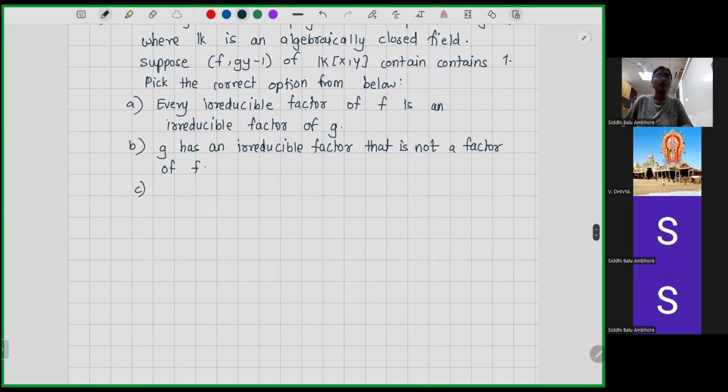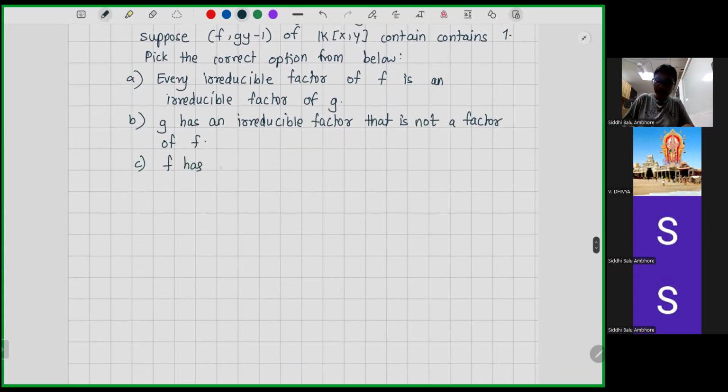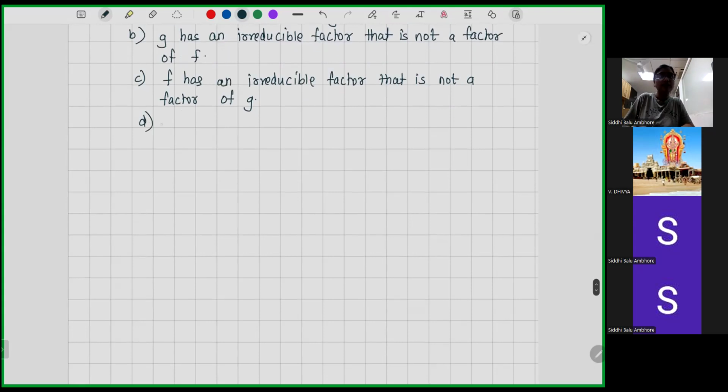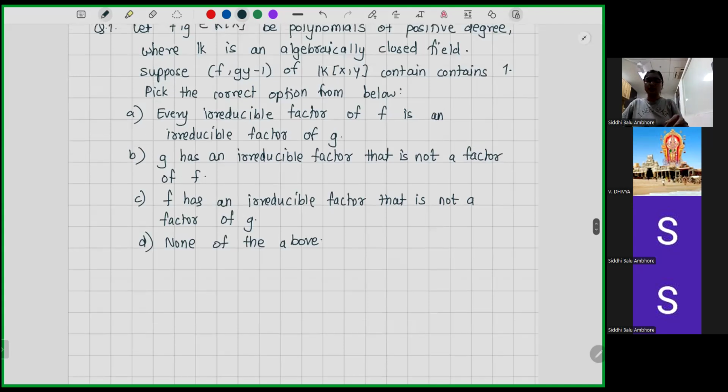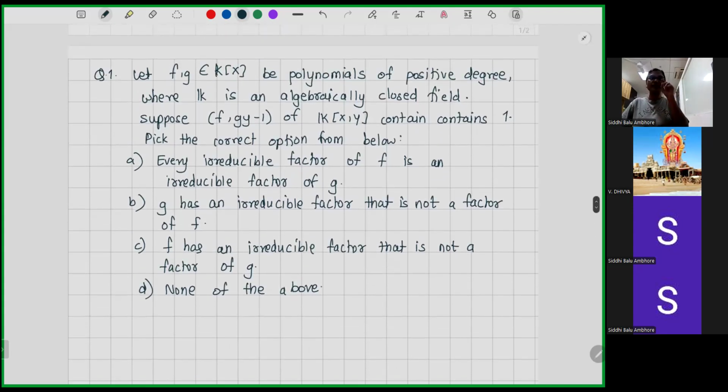And the last option is that f has an irreducible factor that is not a factor of g. So this is another option. And D, they are saying, is none of the above, none of this holds, and we can still have some ideal of the form (f, gy minus 1) containing 1.